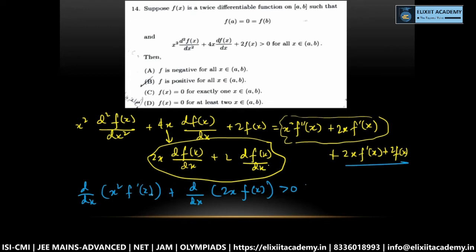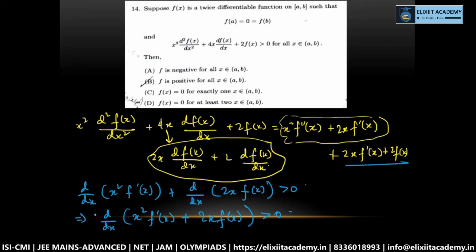So ultimately this is d by dx of x squared f prime x plus 2x f(x), and this is greater than 0.